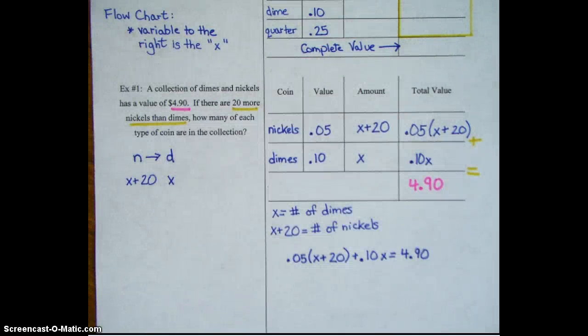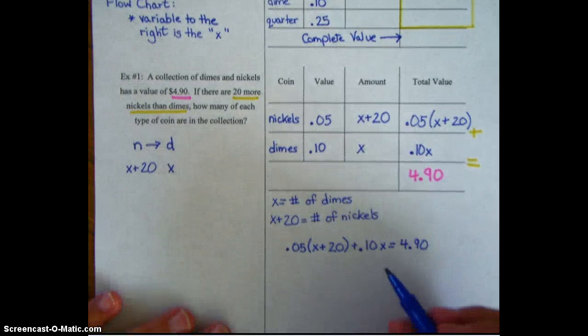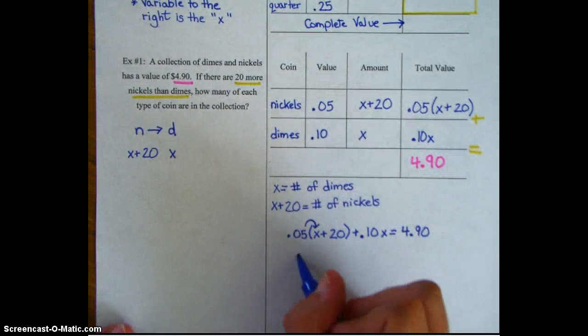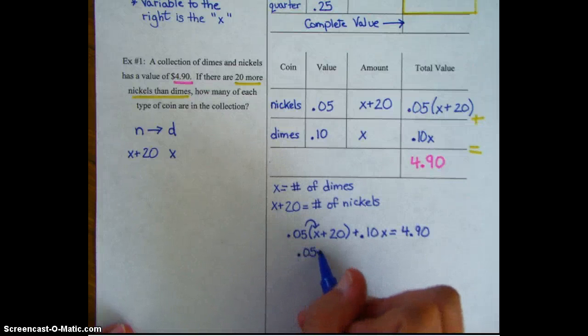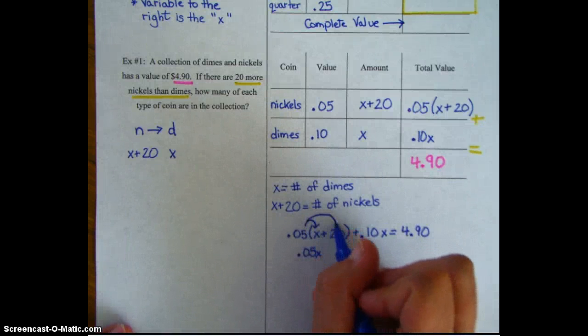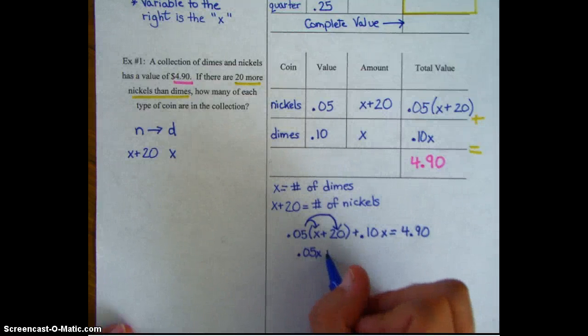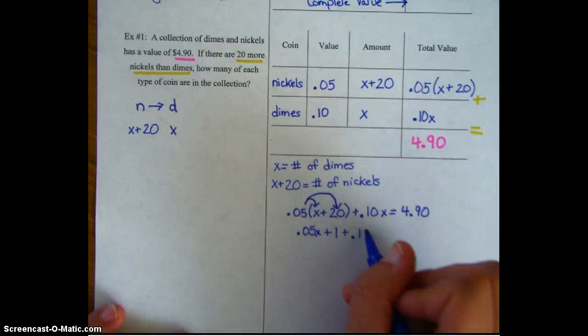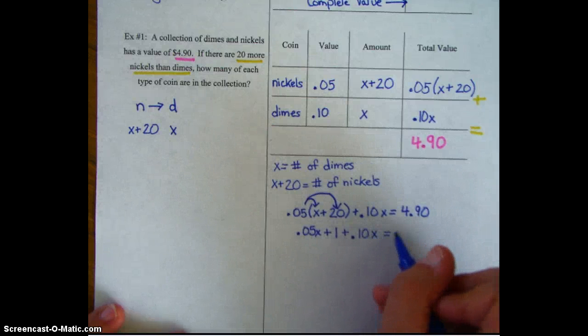Make sure you're exaggerating your decimal points when you're doing your problem to make sure you don't lose track of something. If we distribute 0.05 times x, that's going to give us 0.05x. If we multiply 0.05 times 20, that's going to give us a value of 1. The 0.10x, we're just going to keep it out at the end.